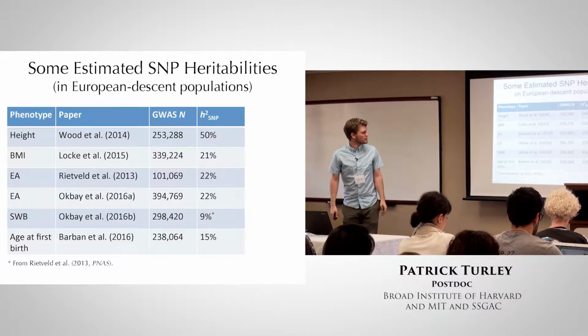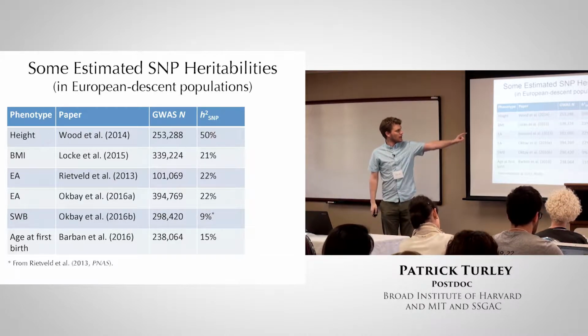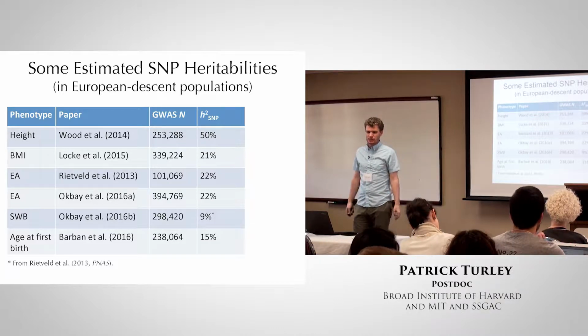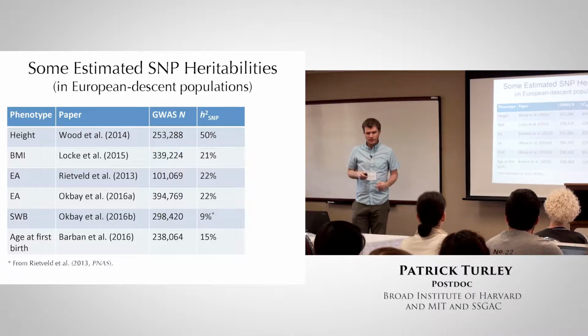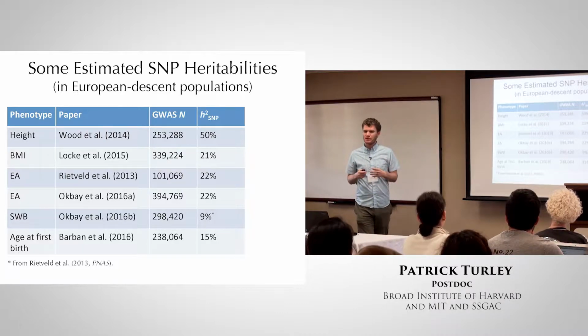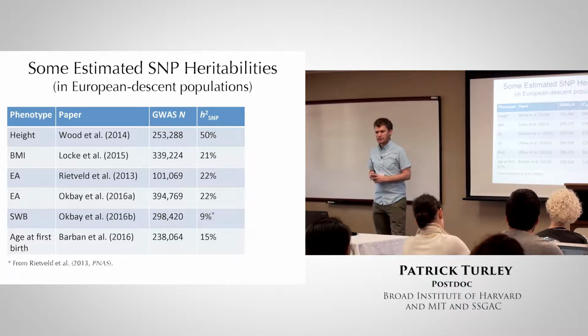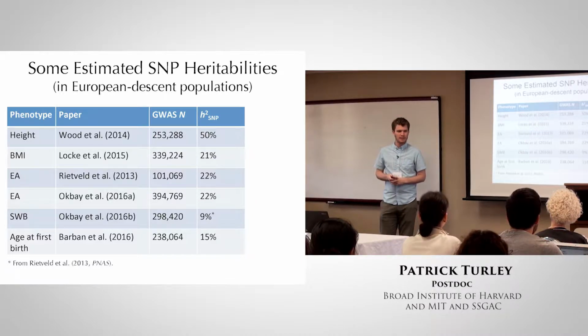So what is SNP heritability? For a few phenotypes that we're interested in, how big do we see it is? For height, generally one of the more heritable traits, the SNP heritability seems to be about 50%. For BMI and education, we're at about 20%. Subjective well-being was measured at 9% in this PNAS paper, although in some samples it's a lot less than that, depending on how well it's measured.